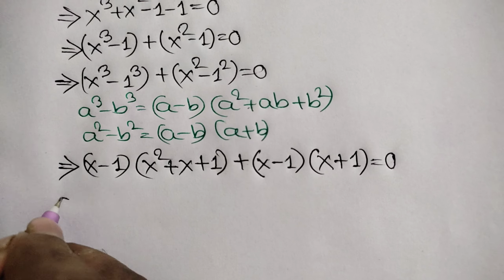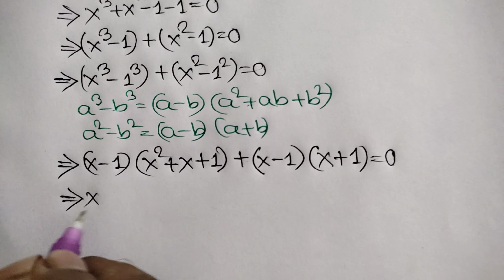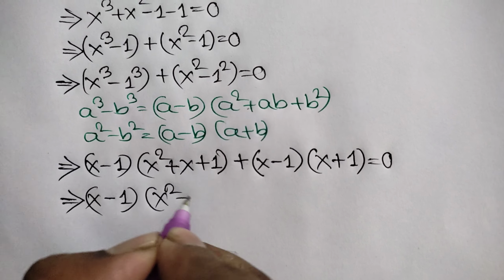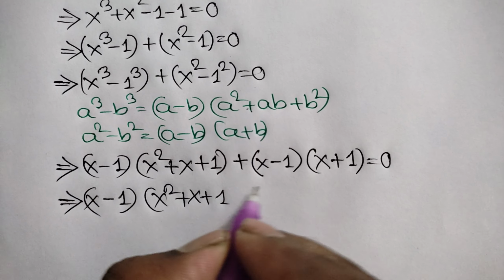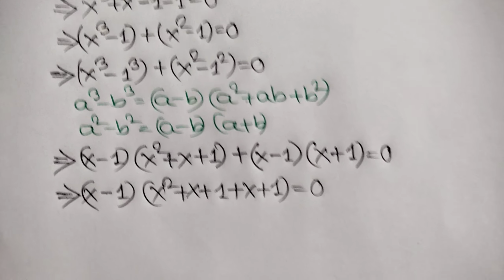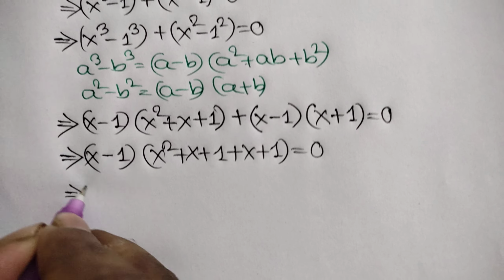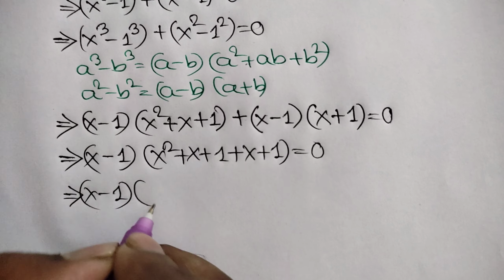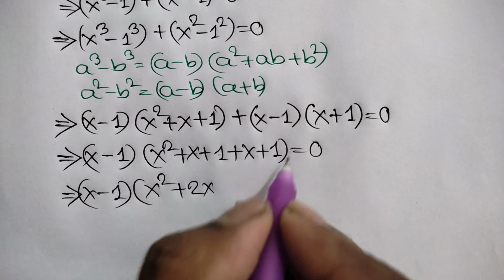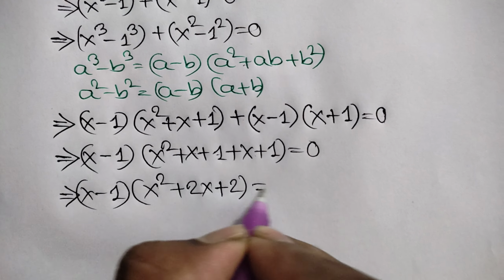Okay. Now from here we take x minus 1 common, so we will get x minus 1 times x square plus x plus 1 plus x plus 1 is equal to 0. Or x minus 1 times x square plus 2x plus 2 is equal to 0.